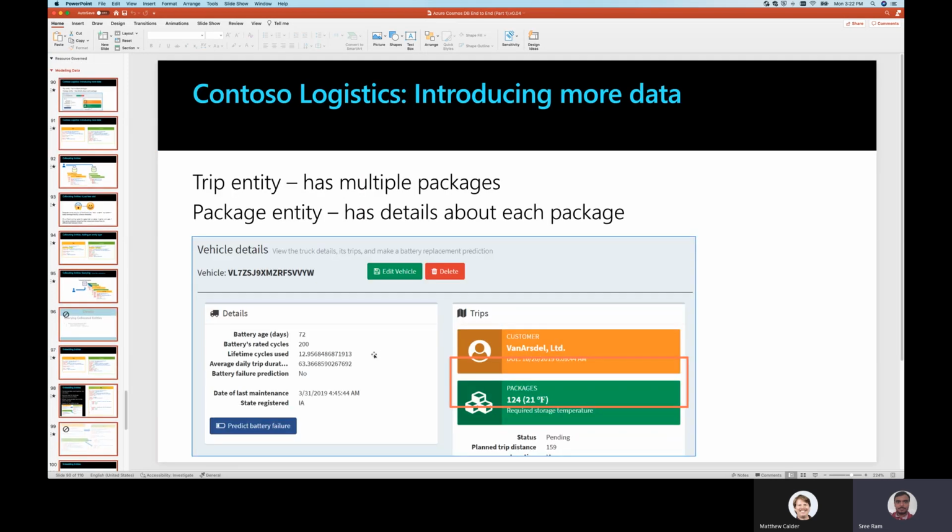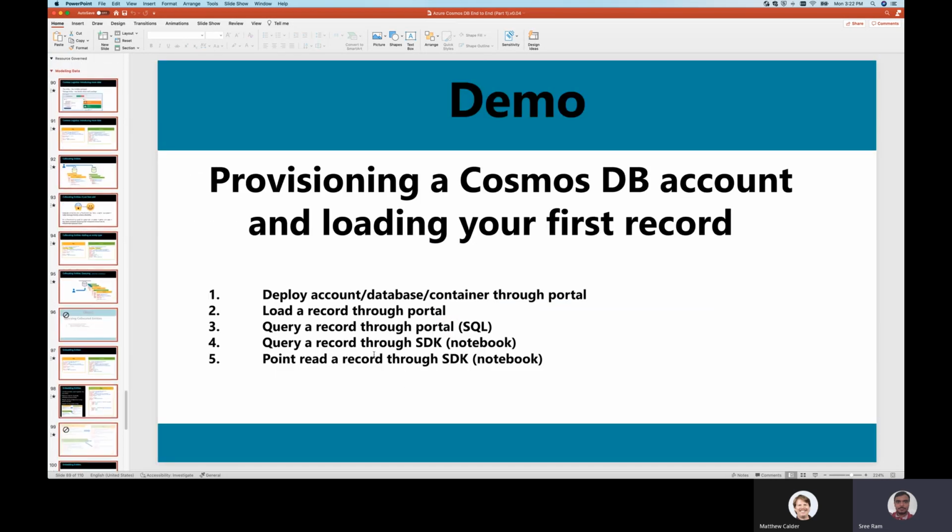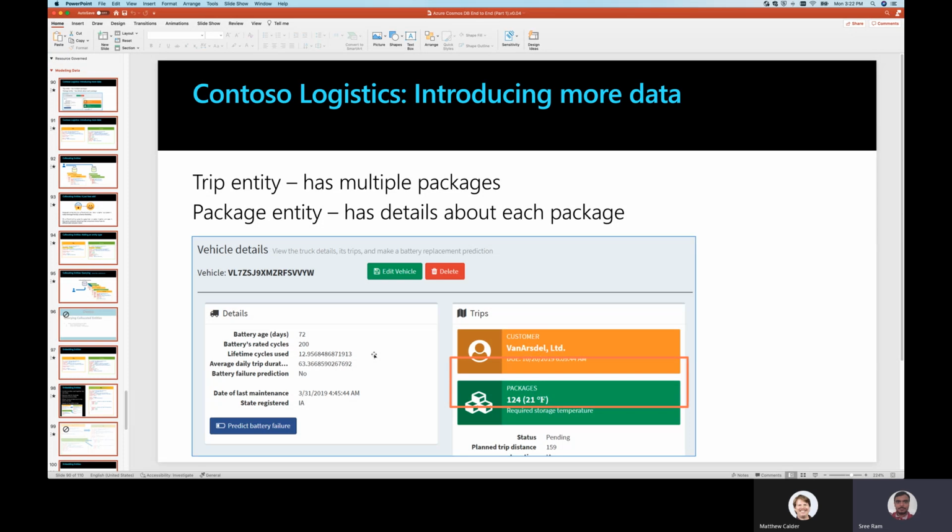Let's move on to our Contoso logistics and see some of the key attributes, and then we will go back and see some of the experiences. So let's see some of the design concepts, and we will talk a little bit about these in the next session too. For example, let's say we have a trip entity, and in the trip you have multiple packages associated with it. So how would we model such an entity?